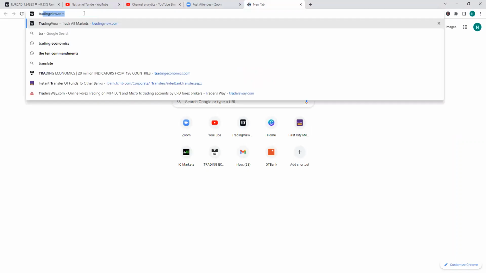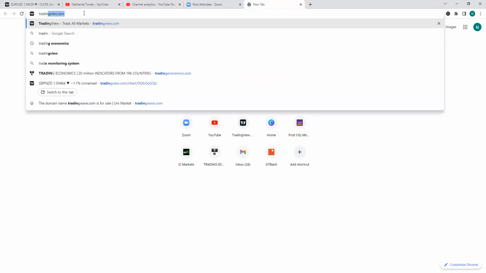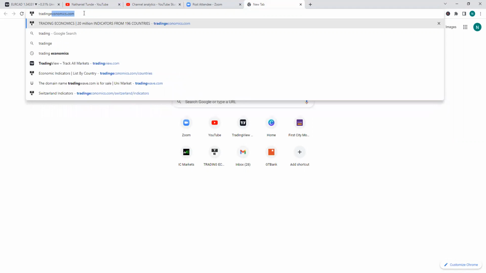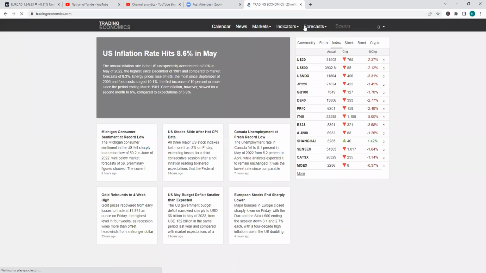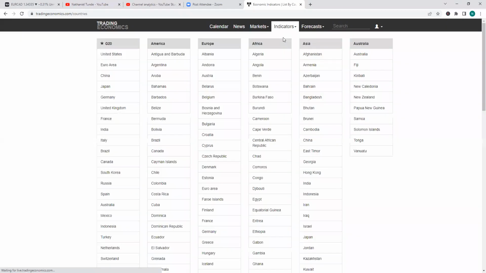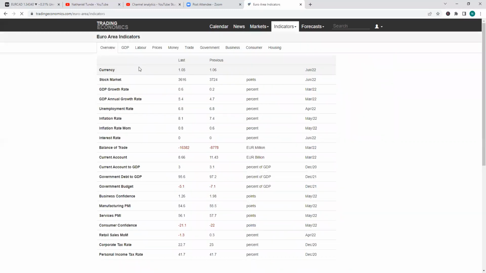Trading Economics. Let's go to Trading Economics. Are you on Trading Economics? Yeah, I was seeing it. Okay, look at the euro area. You see this?